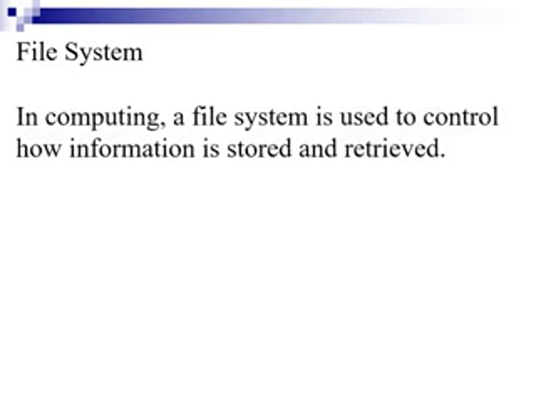Now, apart from that, the one thing to note is the file system. What is a file system? In computing, a file system is used to control how information is stored and retrieved from your computer.